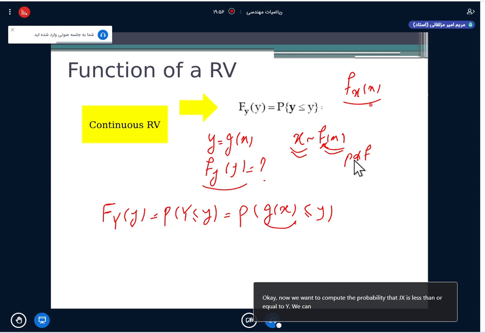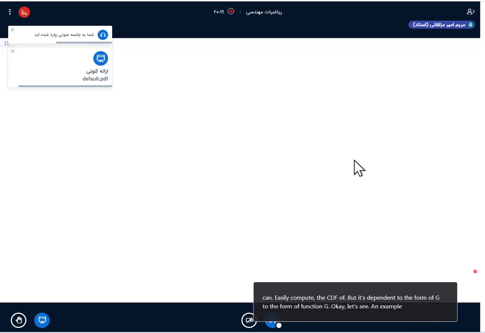We can compute this probability using the PDF or CDF of random variable x. When we have the PDF of x, we can easily compute the CDF of x. But it is dependent on the form of the function g.